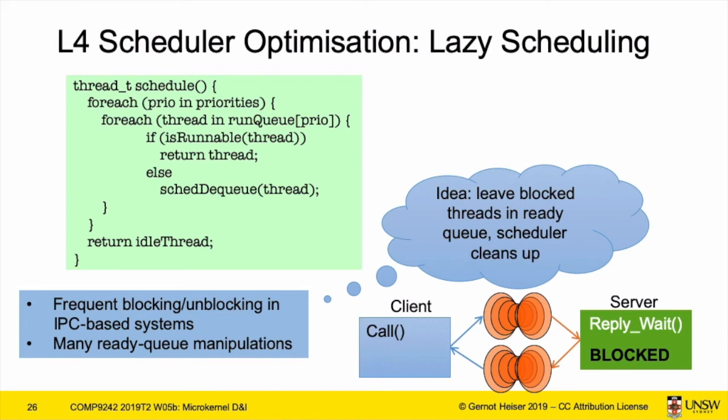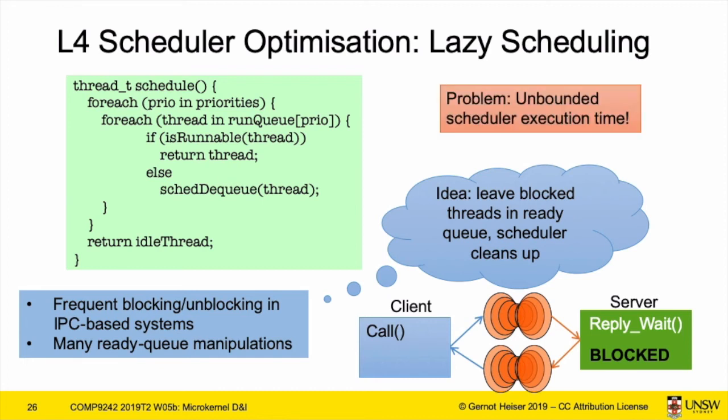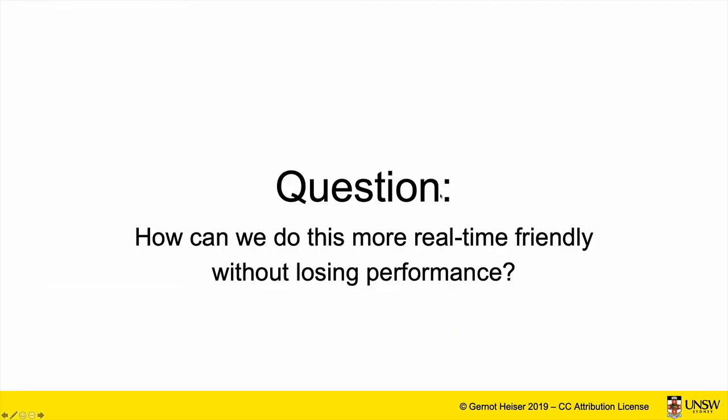So basically, yes, we have an unbounded worst-case scheduler operation. Average case, it's sort of okay. It's not great because you still have to do a lot of work. Typically you have to clean up a fair bit, but probably only a handful. But the worst case is really bad. So this is not the way to do real time. Is there a way to do it better without losing performance?